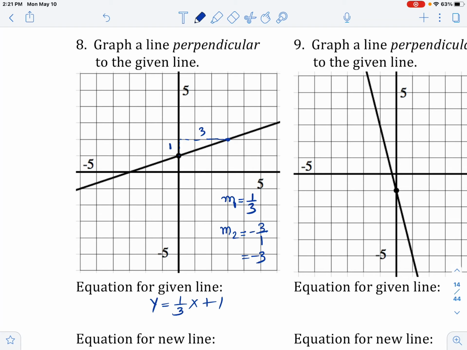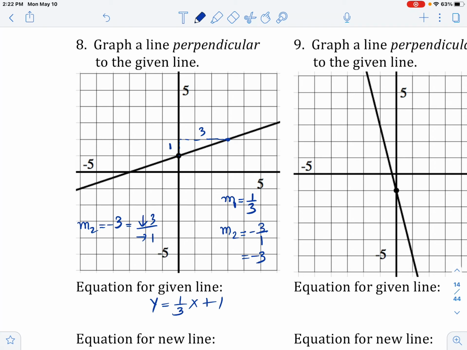So I could use any point, I could just see how that is going to be drawn. So for that case, here I could get a point. You need to first look at it. M2 is negative 3. That means you go down by 3 and you run by 1.